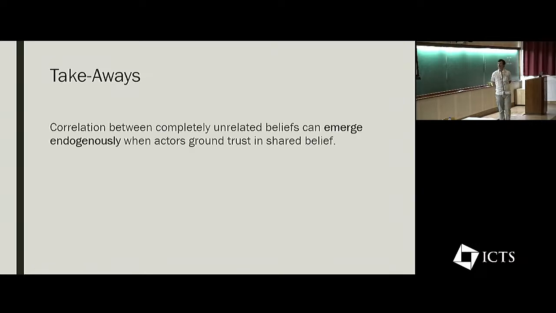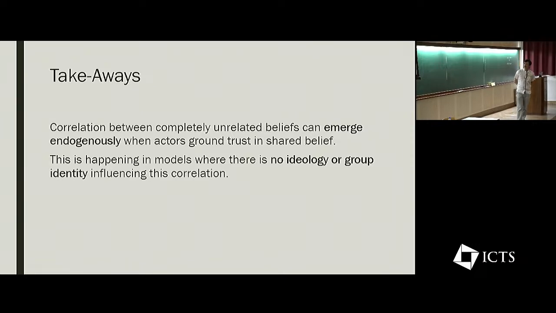Okay, so some takeaways from this. What we find is that correlation between completely unrelated beliefs can emerge endogenously when actors ground trust in holding similar beliefs with one another. It's important that this is happening in a model where there's simply no ideology, there's no group identity, there's no outside explanatory force. There's nothing that's making them correlate in this way.